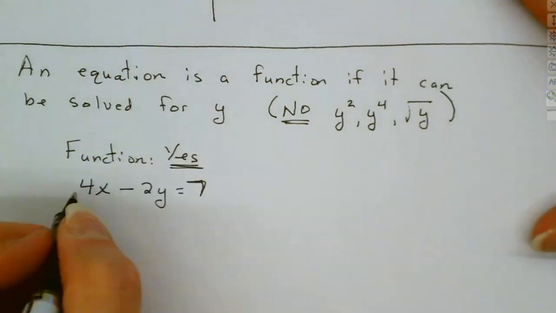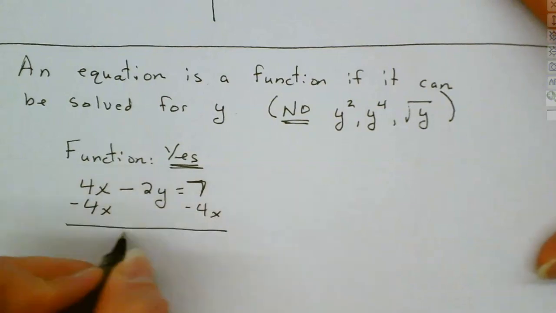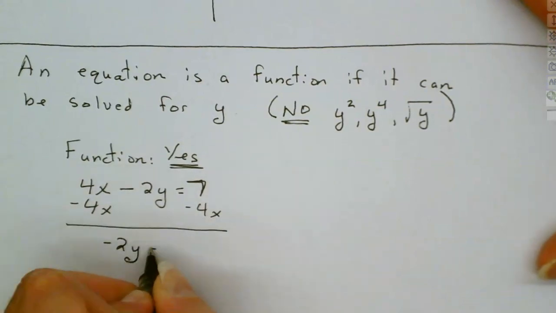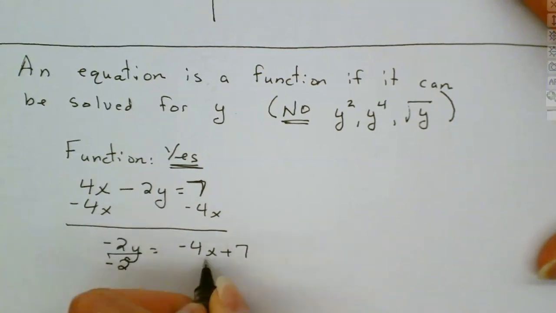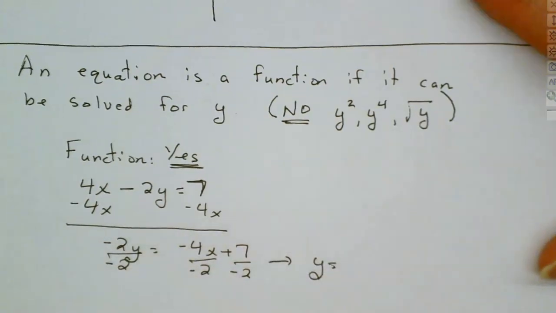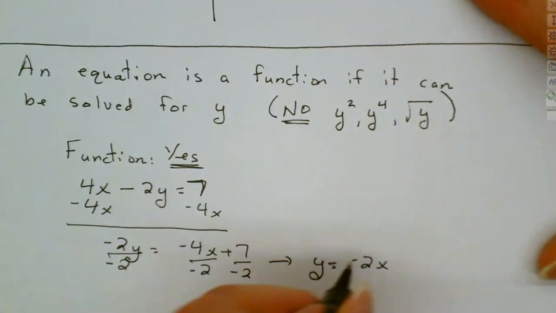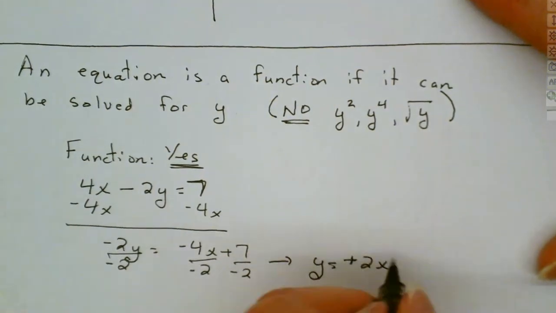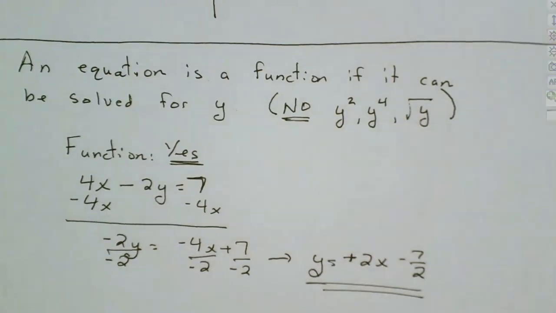We know it's a function, and we can even solve it for y, because we can move that 4x over and divide by our negative 2, which we'll be doing in the next section. And so we solved it for y, right? You reduce that down. Negative and negative makes it positive 2 there. Minus 7/2. So we were able to solve it for y. If you can solve it for y, it's a function.